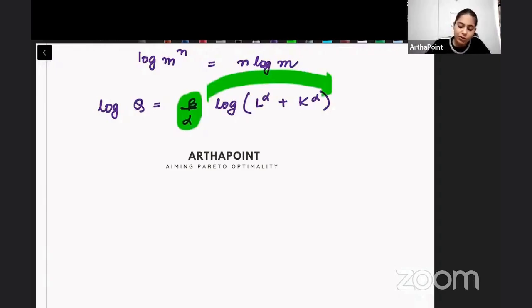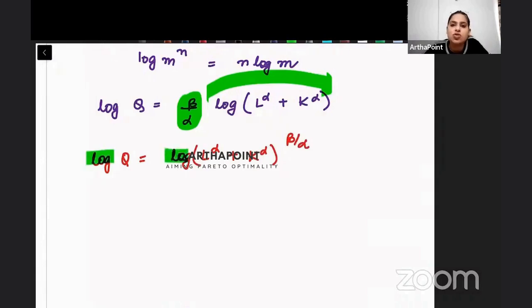Let's do that. What will you get? Log Q is equal to log of L to the power alpha plus K to the power alpha, whole to the power beta by alpha.